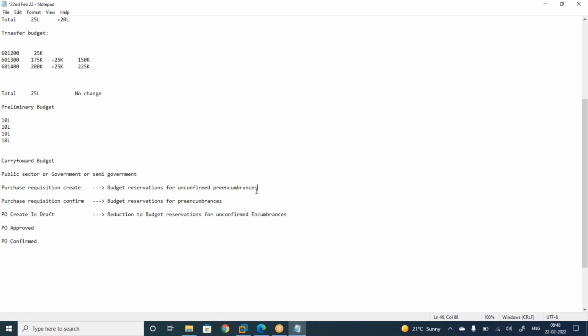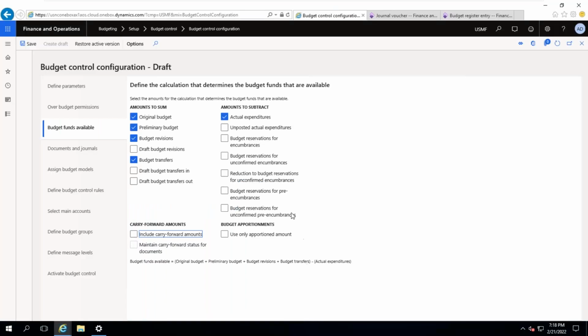This is pre-encumbrance. Pre-encumbrance means purchase requisitions. And now purchase order. Purchase order created in the draft mode means reduction to budget reservations for unconfirmed encumbrance. This checkbox.